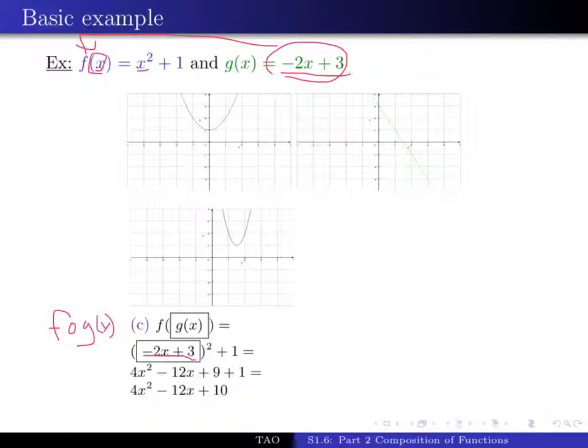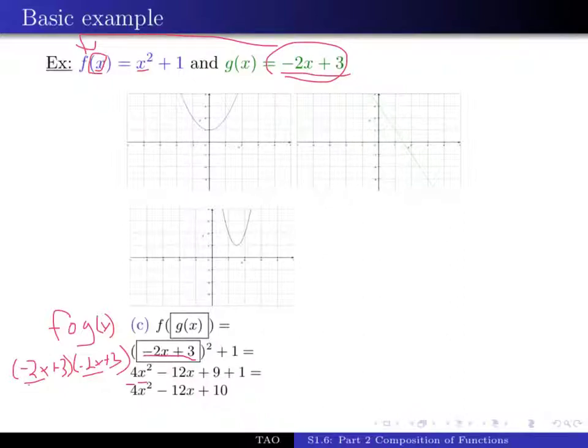Now when we square it out, we can treat that as minus 2x plus 3 times minus 2x plus 3. Minus 2x times minus 2x, minus times minus is a plus, 2 times 2 is 4, x times x is x squared.